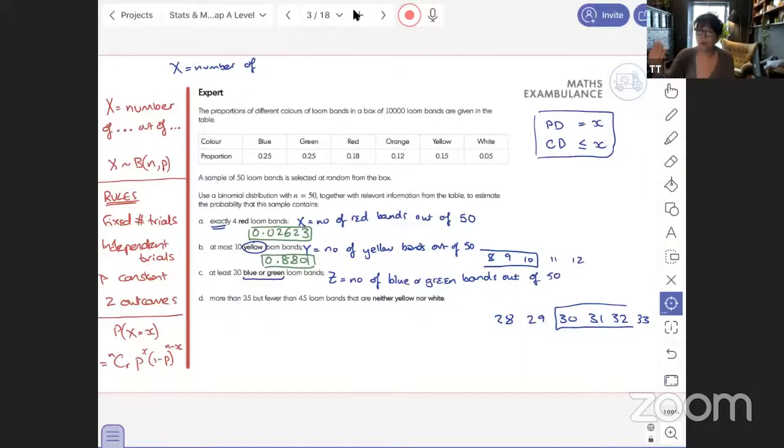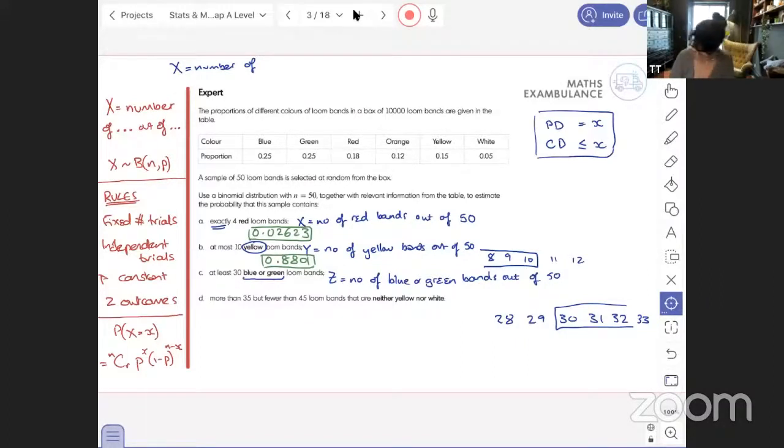So if we've got a thing A and a thing B, and we want the probability of A and as well B, then if A and B are independent, nothing to do with each other, don't affect each other, you're right, it's the probability of A times the probability of B. But if A and B affect each other, if they're dependent, if one of them makes the other one more or less likely to happen, then it is not times. So it's to do with independence.